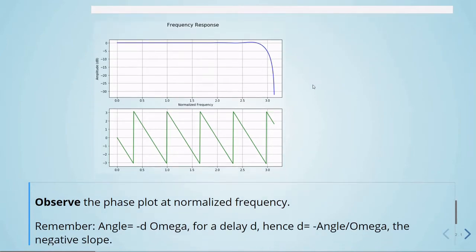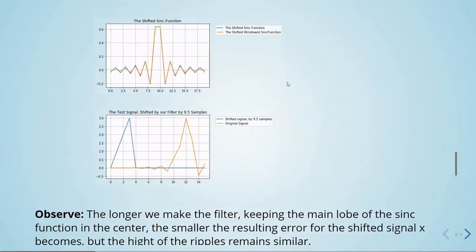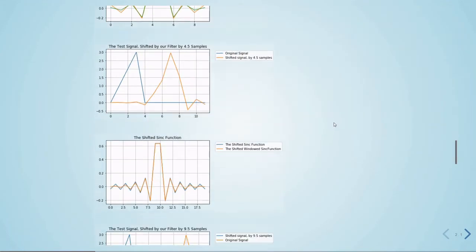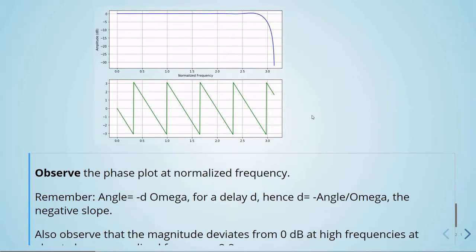And here's the frequency response of our filter, which is this version of the filter here with L equals 20. And we see here the phase plot also is at normalized frequency. We remember that minus d omega, so the d is equal to minus the angle divided by omega, the negative slope.